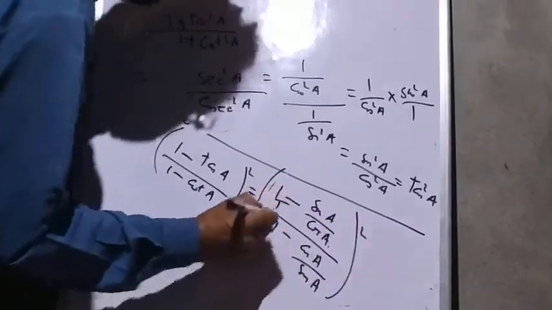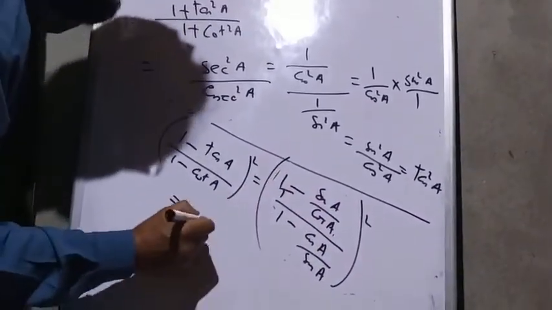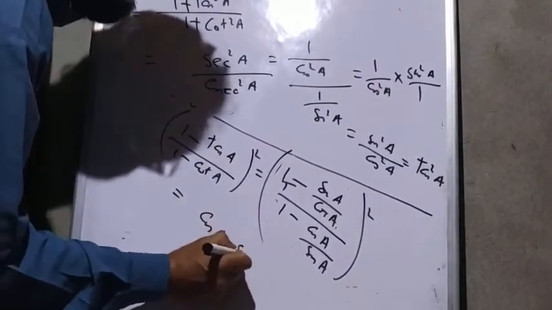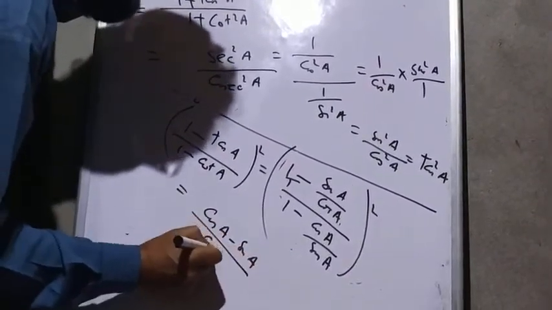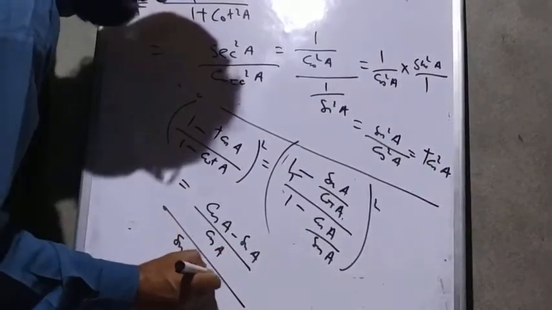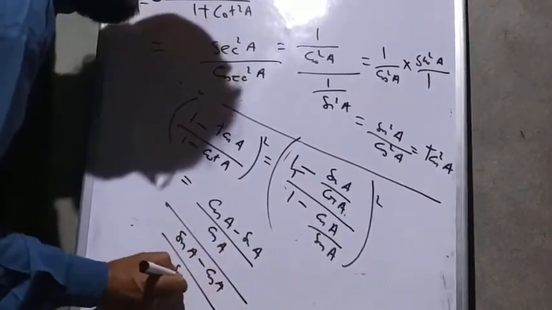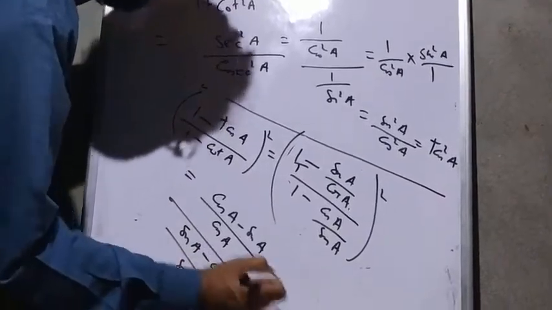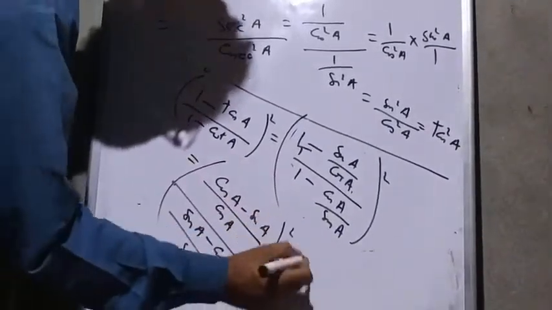So cross multiplying, this is cos A minus sin A divided by cos A, whole divided by sin A minus cos A divided by sin A. Again, this is whole square.